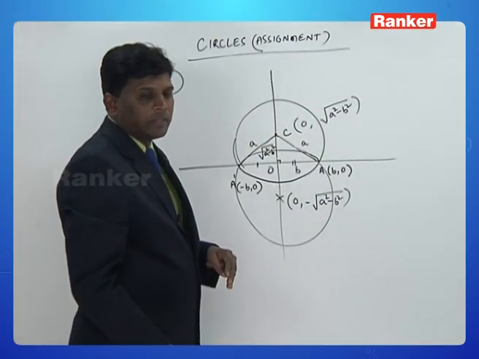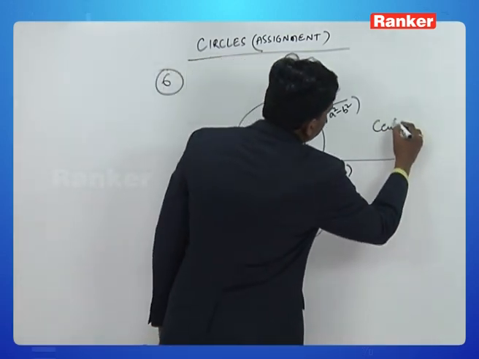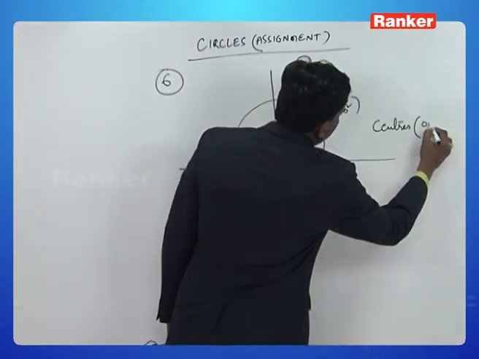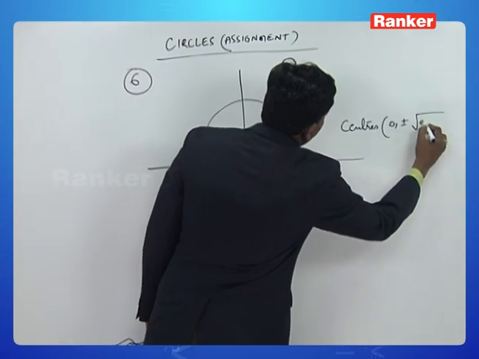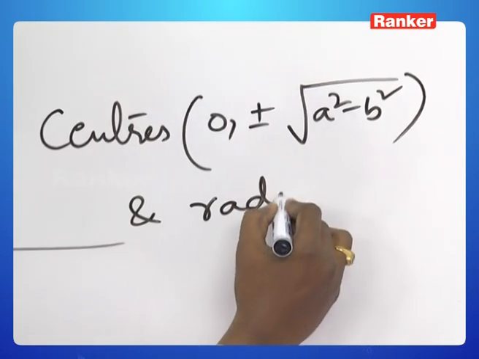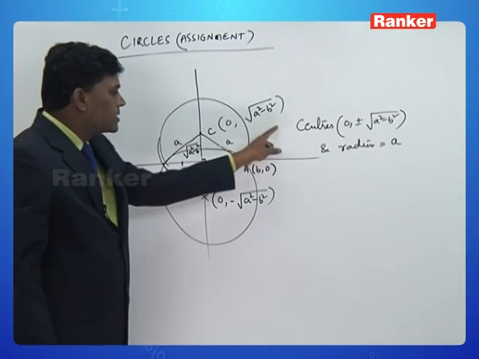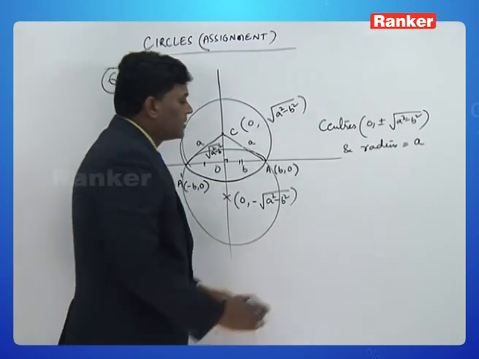Now both of these taken together have centers 0 comma plus or minus root of a square minus b square and the radius equals a units. We know the centers and we know the radius.